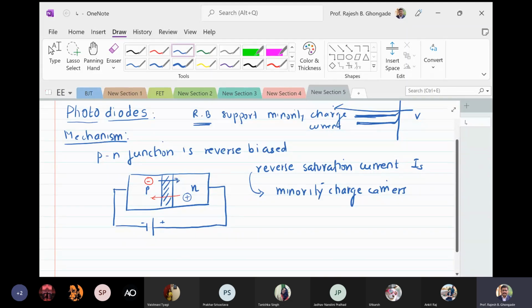So minority carriers from P type, which are electrons, go into N type. So we have some current which flows and which we call the reverse saturation current.